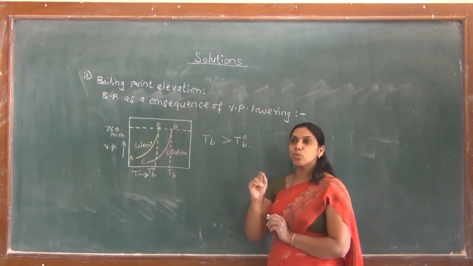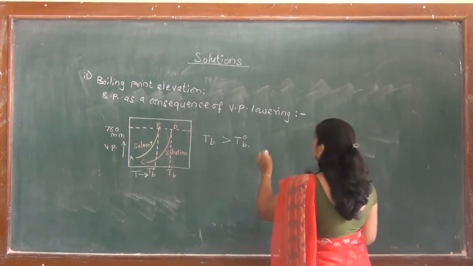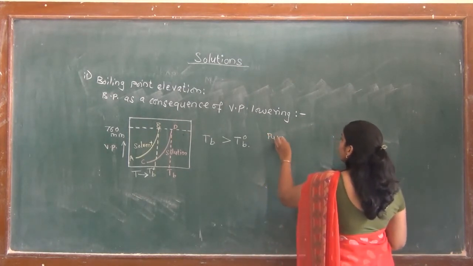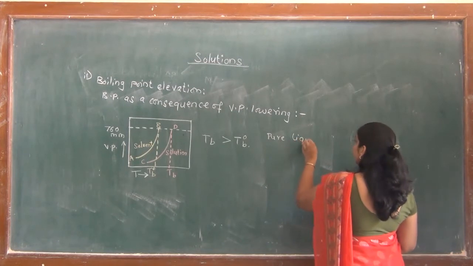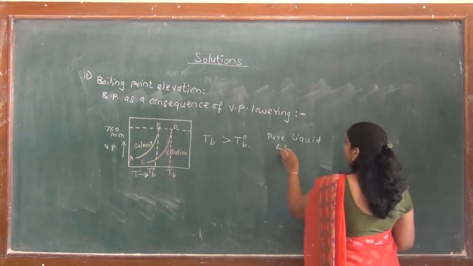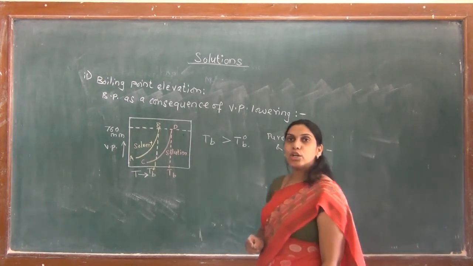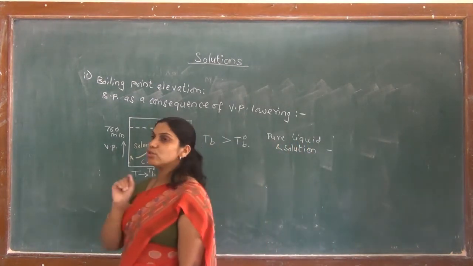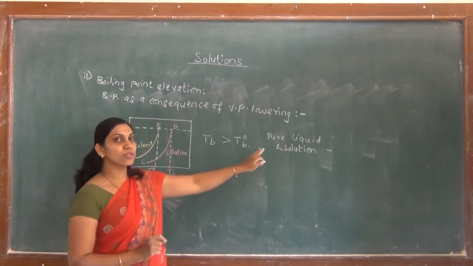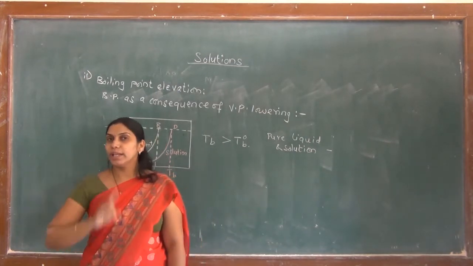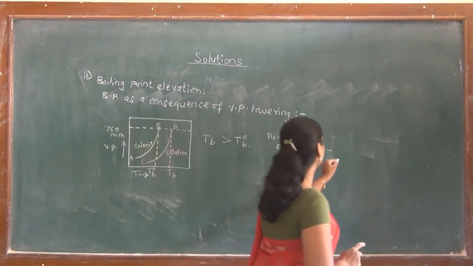For the boiling point of pure liquid and solution, they must reach the value of 1 atmospheric pressure.